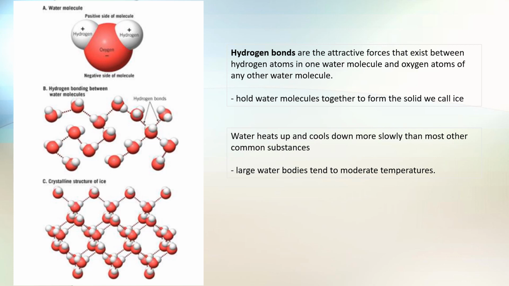So if you remember, an increase in average molecular motion corresponds to an increase in temperature. So under similar conditions, water heats up and cools down more slowly than most other common substances.